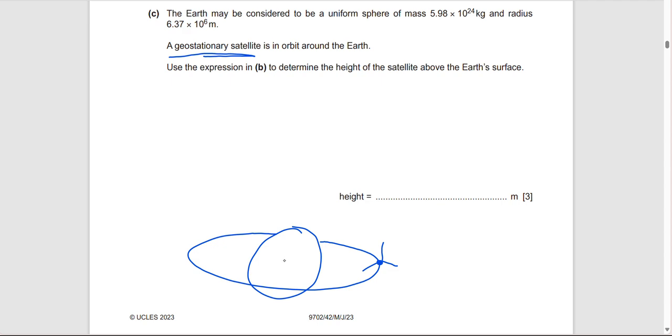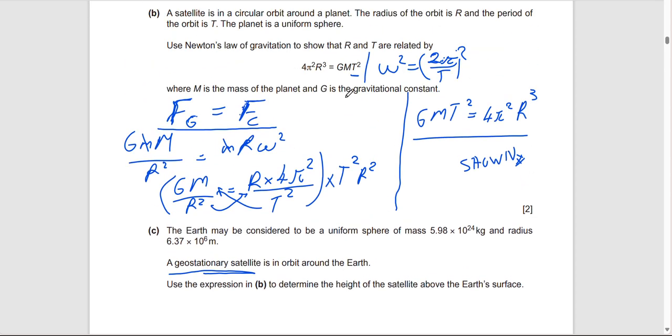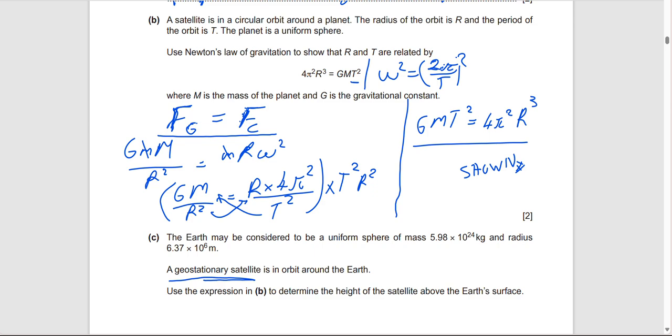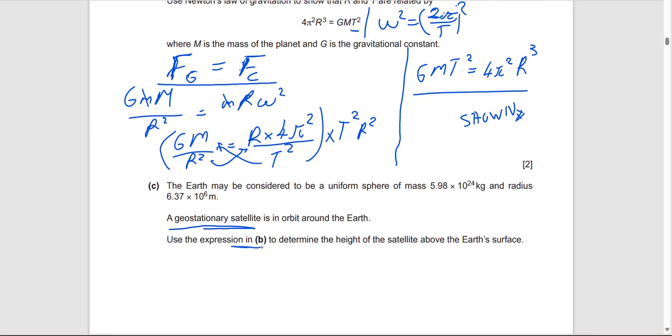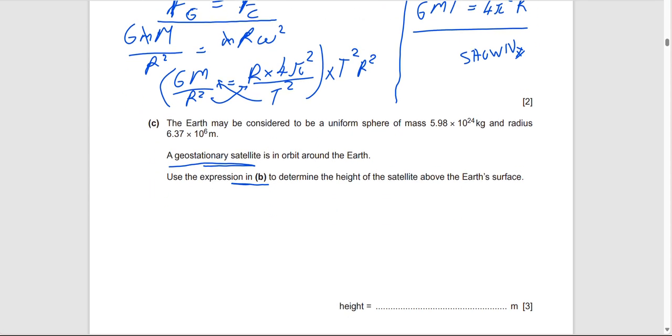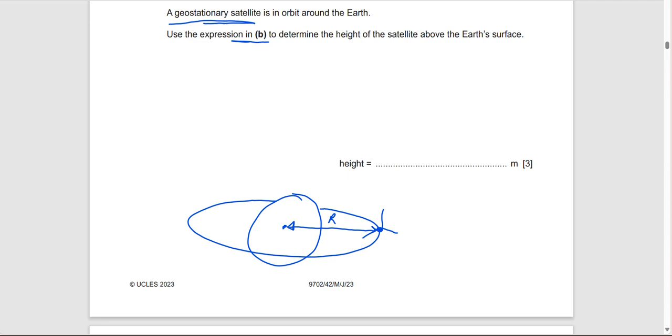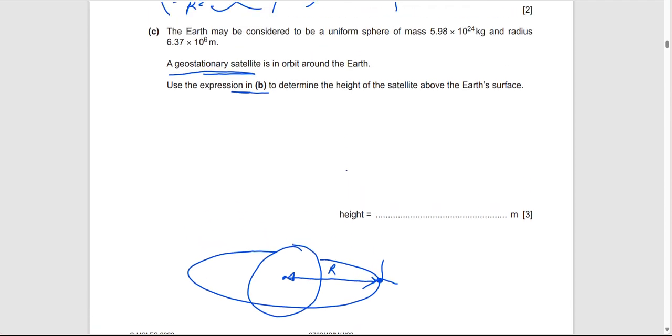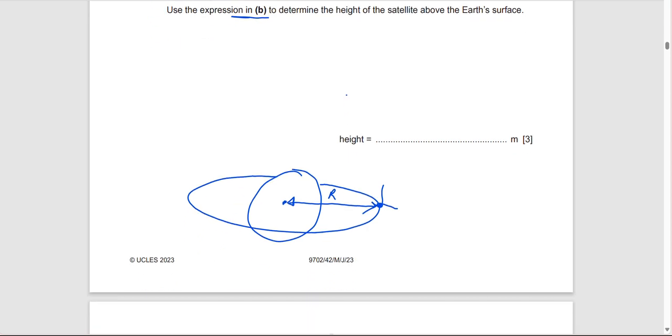And the r that we have in the equation, which provides the centripetal force, is from the center of the Earth all the way out. This is the value of r in this equation. Since it says use the expression in B, we're going to use this expression to calculate C, right? And we've been given the radius of the Earth, which is 6.37, right?